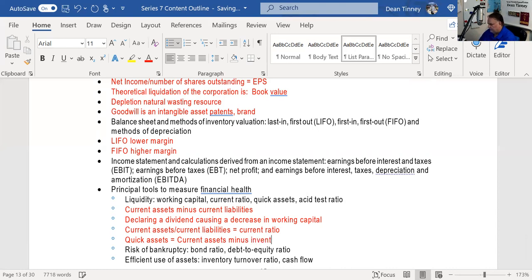And that's called quick assets. Now, the reason that's important is because if you don't know that, you can't do the acid test or quick ratio. The acid test or quick ratio is the quick assets divided by the current liabilities.